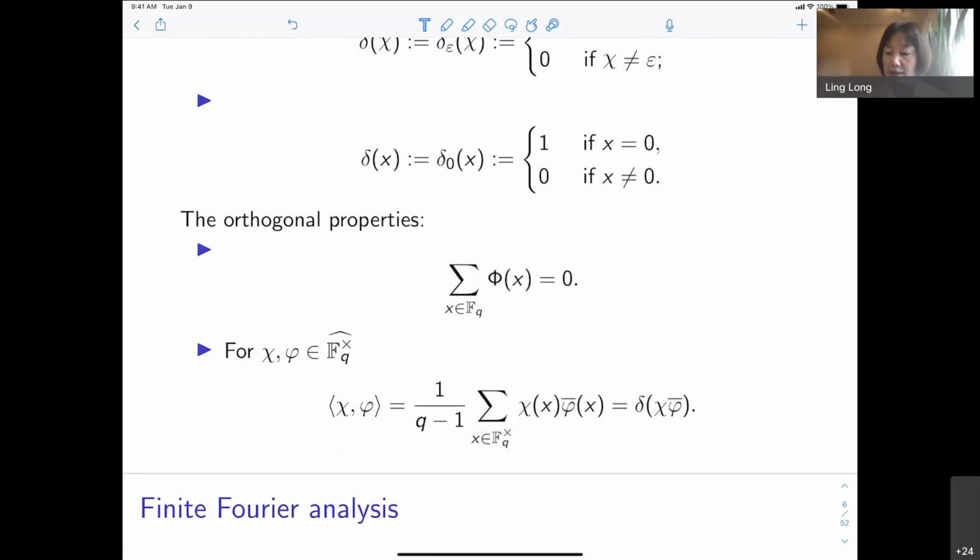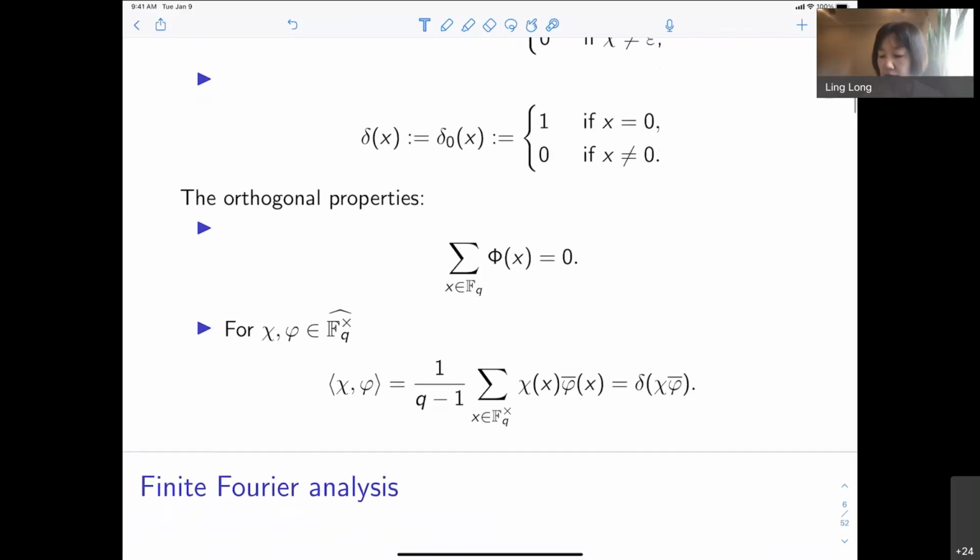If you take the so-called inner product of two characters, summing over all the invertible elements of chi at x times the inverse of the second character at x, normalized by the size of the invertible elements, what you get is the delta function for characters.